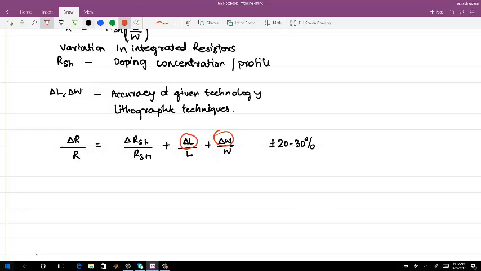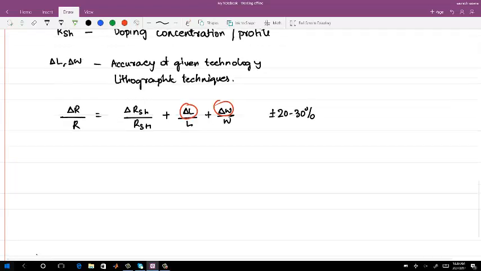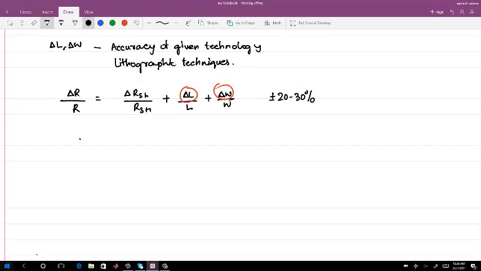And as the process matures, you will have lesser variation in the sheet resistance, the resistivity of the material. So if I want lesser variation in the resistance, let's pick up one example.